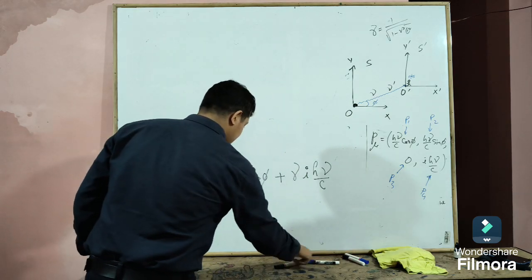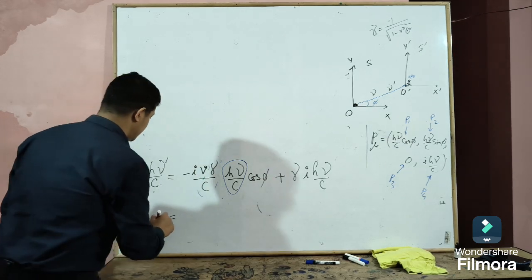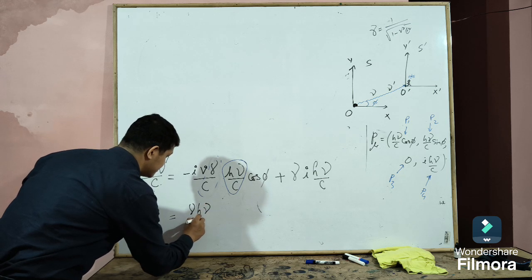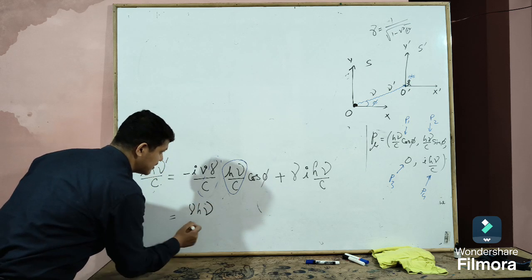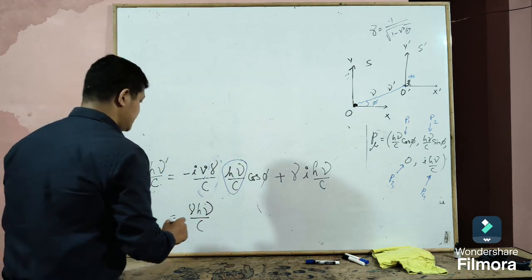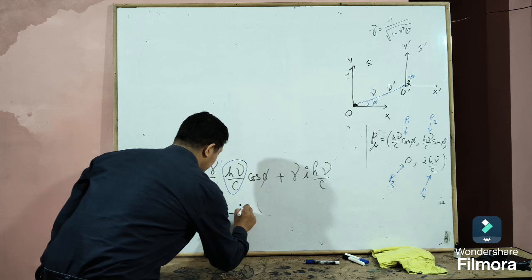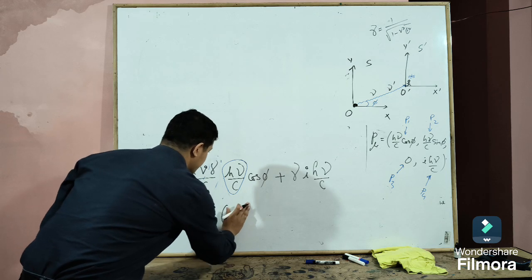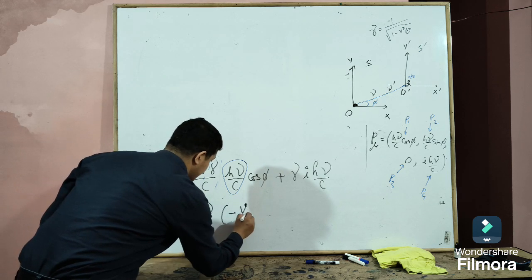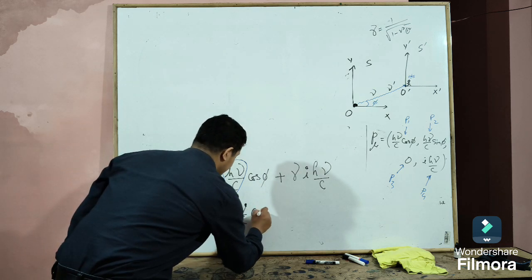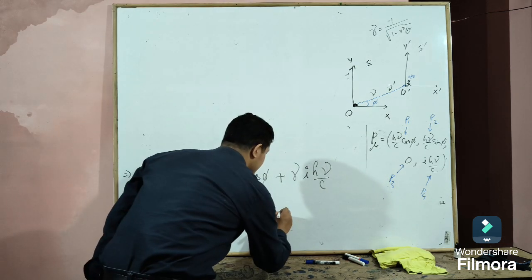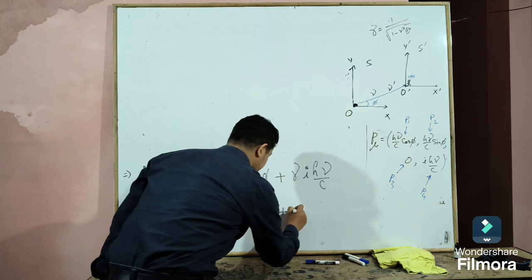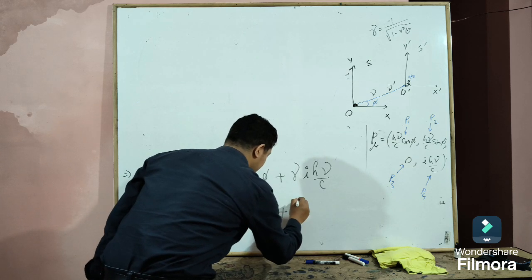Then what we're going to get, if we take gamma h nu by c common, then within bracket we're going to have minus I v, sorry, let me take I also common, then within bracket we're going to have v by c cos phi plus, gamma is taken common, h nu by c is also taken common, I is also taken common, so we're going to have 1 here, right?